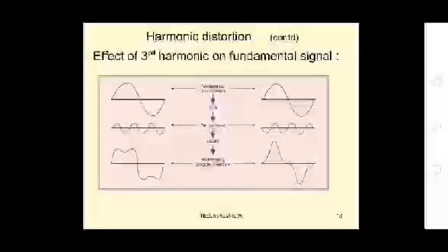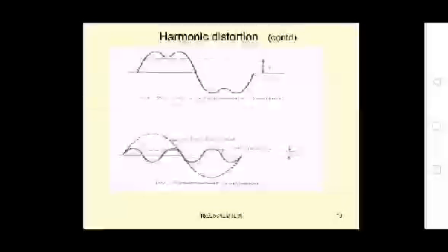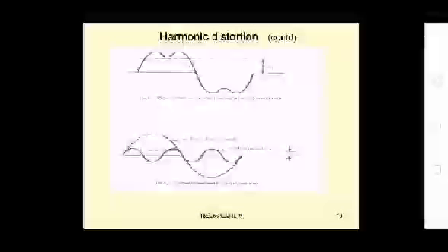So these harmonics have to be reduced. These are the third harmonic. Due to this third harmonic, your input is changed as well as your output is also distorted. You can clearly see from this one.